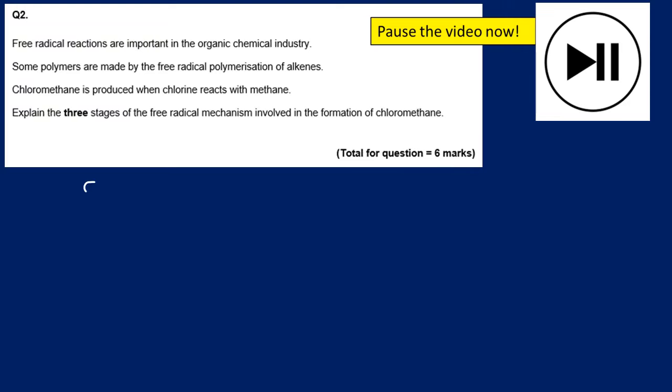So I'm just going to have a look at the overall equation. So methane is going to react with chlorine to make chloromethane. And I know that that's a substitution. So one of the chlorines substitutes with one of the H's. That's the overall equation. I know that we would need UV light to do that.